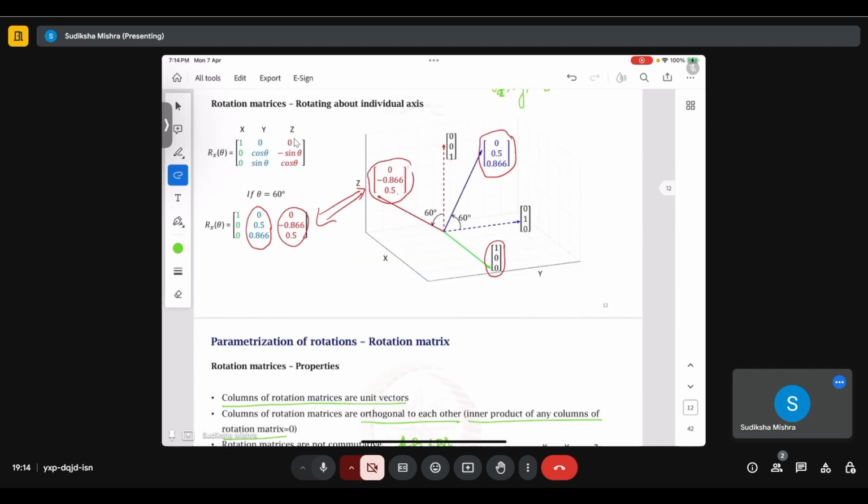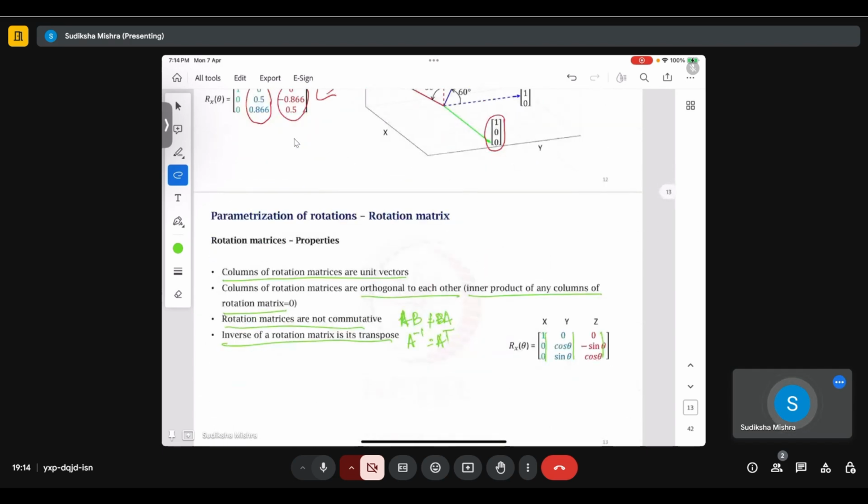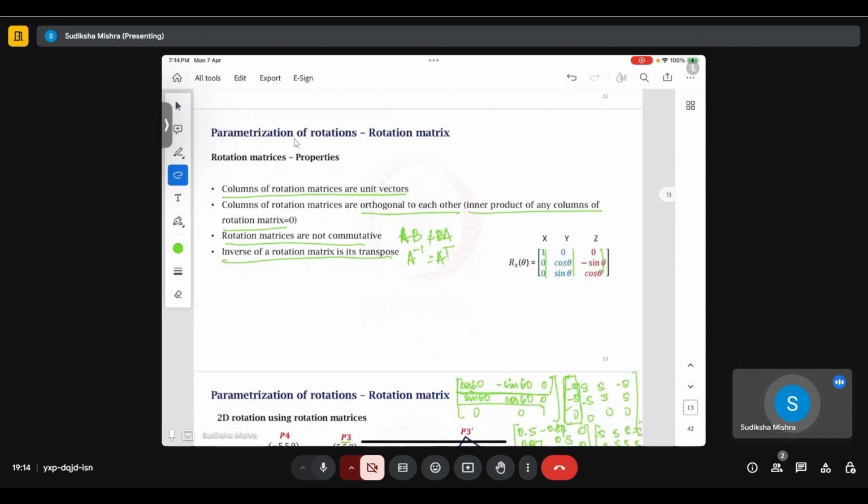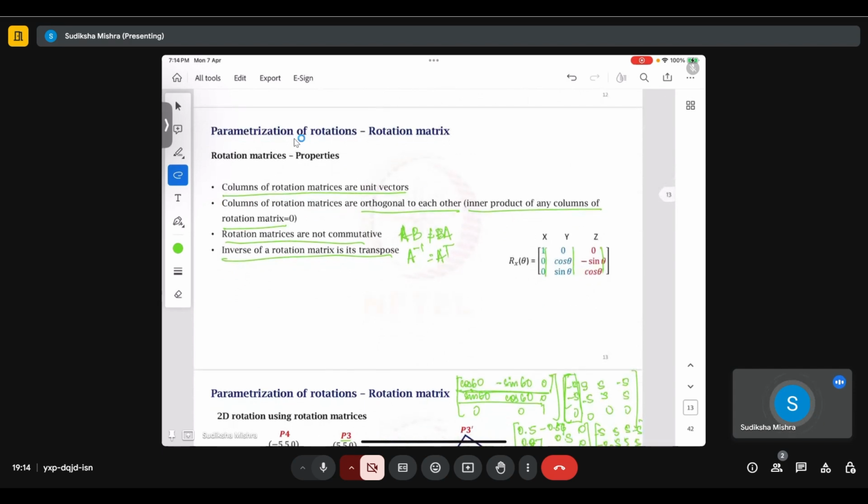Some of the properties of a rotation matrix are that the columns of rotation matrices are unit vectors. The columns of rotation matrices are orthogonal to each other. The inner product of any two columns of the rotation matrix is 0. Rotation matrices are not commutative. The inverse of a rotation matrix is its transpose.